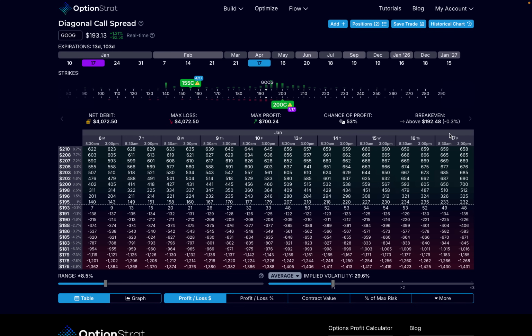So at expiration of the call that we sold, which for this example is January 17th, there's many different options you have at that expiration for the call that you sold. The ideal situation, if you want to continue this strategy, would be for the call you sold to expire worthless.